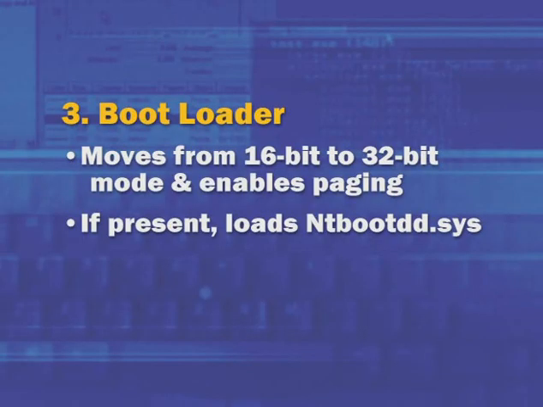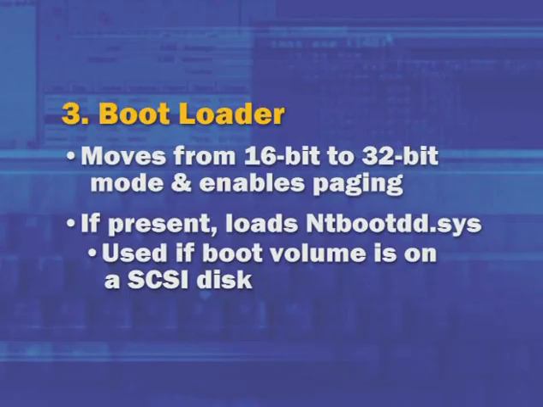At this point, NTLoader also checks for the presence of ntbootdd.sys in the root directory of the system volume. This particular file will only be present under special circumstances, and those circumstances are that the system volume is on a different disk than the boot volume, and that boot volume is a SCSI disk, which is a pretty uncommon scenario in client systems, more common in server systems.